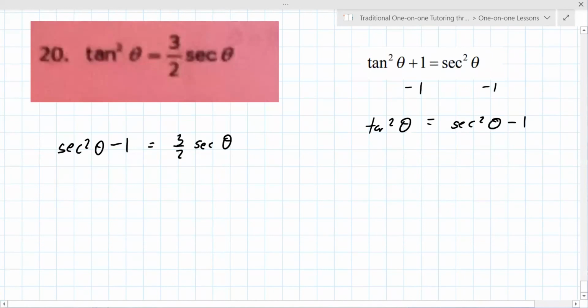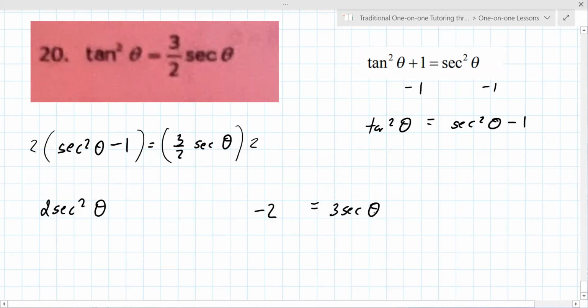And you're like, well, what do I do from here? We're going to clear the fraction first. So that's 2 secant squared theta minus 2. This on the right becomes 3 secant theta, and then you subtract it over, so you get it there on the left.